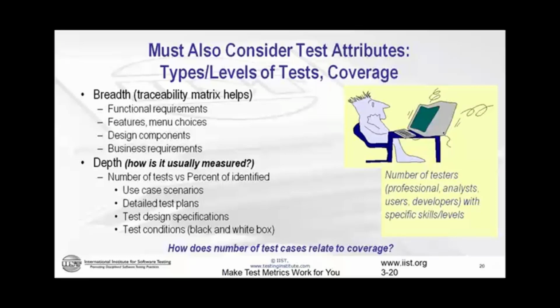What about the number of test cases? Okay. Does that really give us a good measure of coverage? One of the things that I find when I review tests that people have developed is that it's very common that a number of the tests that people spend time developing are redundant tests, or they lack sensitivity.